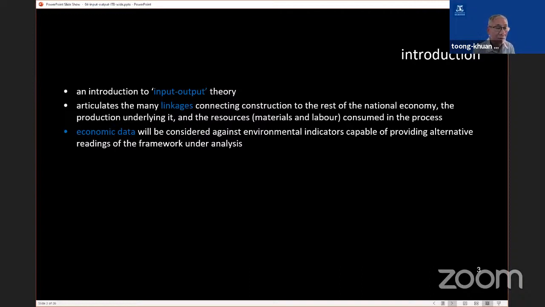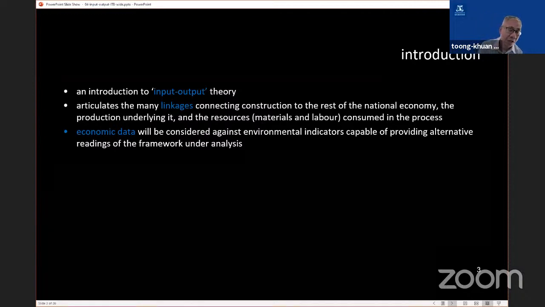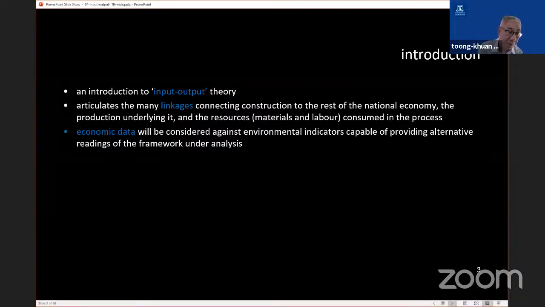It allows us to examine the linkages between construction and the rest of the national economy and the underlying production processes. So for example, if you think about the construction industry, you have timber, you have bricks, and as Pak Budi was talking earlier, you can have your steel products produced in Indonesia in the manufacturing sector and then used in the construction industry.